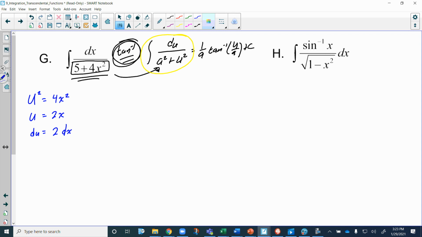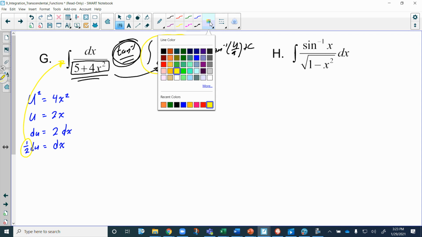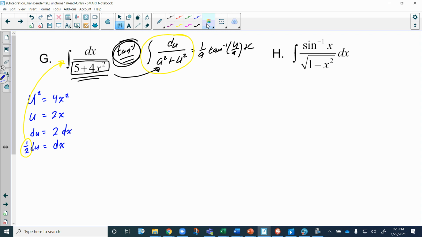In the original integrand, we just basically have the dx. So that would give me 1/2 du equal to dx. So we do wind up with a constant that needs to go in front of our integral. So let's keep going. What is the a value? Because we still have an a squared value that we're looking at. So a squared in this case would be the 5. So a in this case would be the square root of 5.